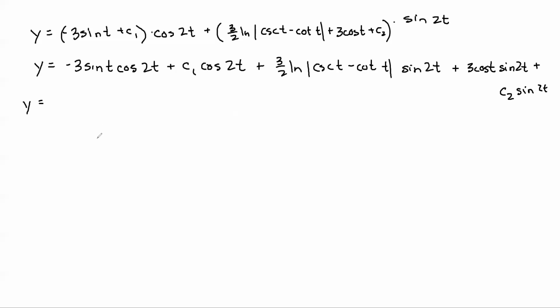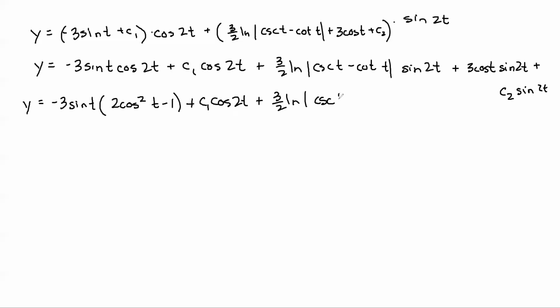Now we can use some trig identities to clean this up. You get negative 3 sine t, and then cosine 2t we can replace with 2 cosine squared t minus 1, then plus the c1 cosine 2t, plus the 3/2 natural log cosecant t minus cotangent t sine 2t.